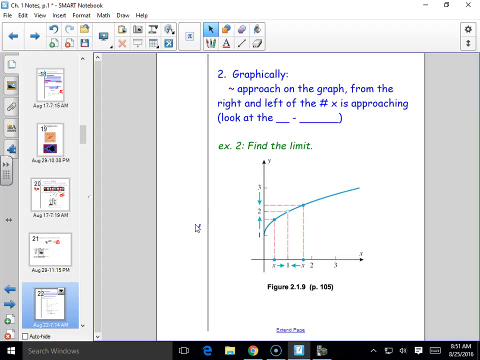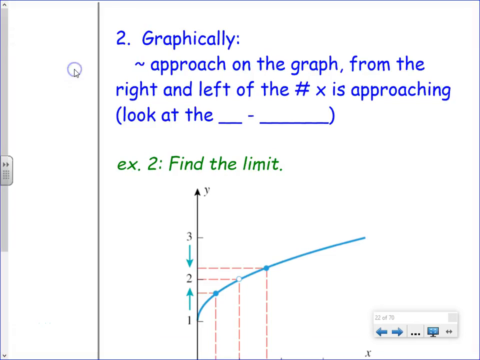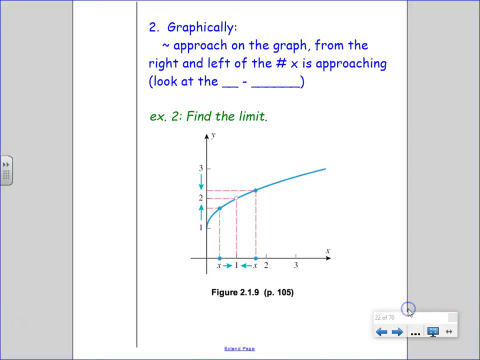Graphically, here's where we're going to end today. It's the second half of the section, graphically. It's the exact same thing that we do on the table, approaching a certain x value from below and from above. We can say from the left and from the right, or the right and the left.